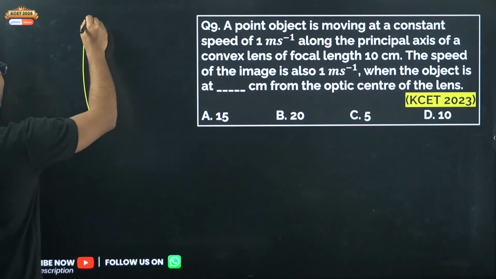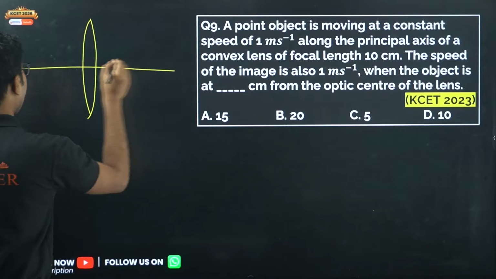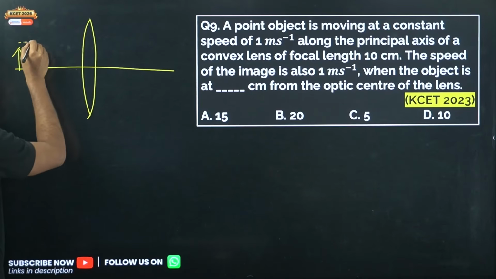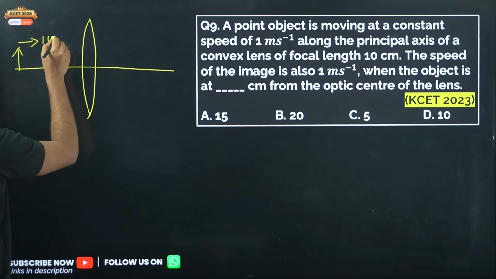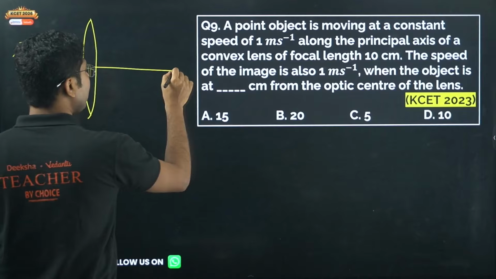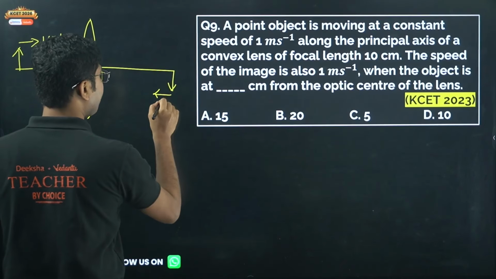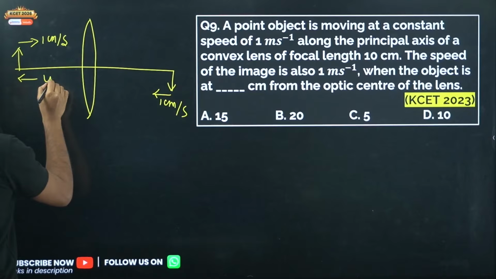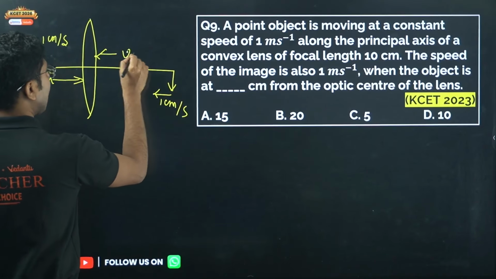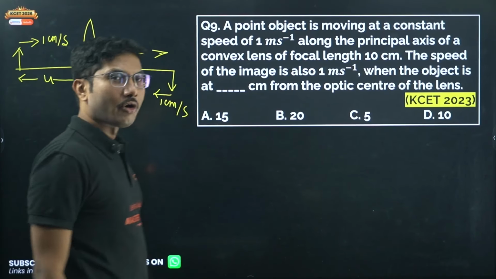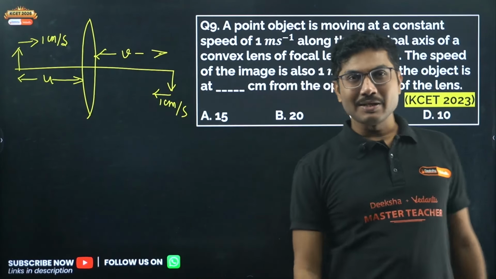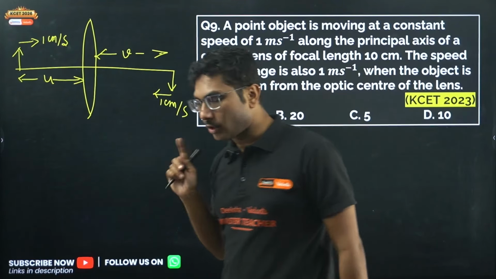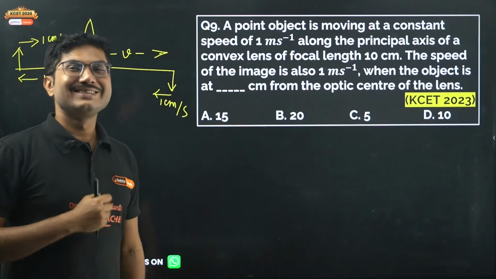So here we have a lens, and the object is moving at a speed of 1 centimeter per second, and the image will also move at 1 centimeter per second when the object distance and the image distance are equal. This is only possible when object distance and image distance are equal. At that point only they will move with the same speed.